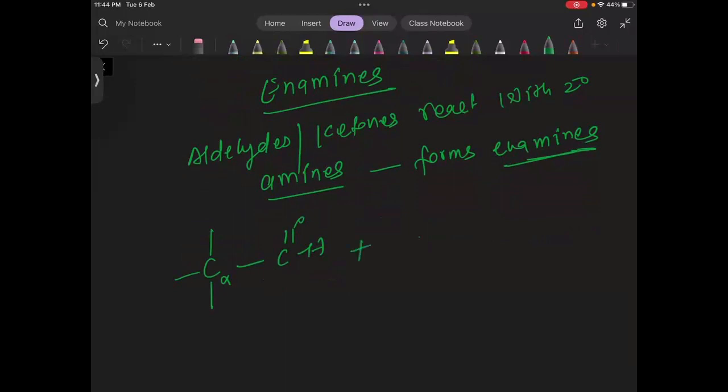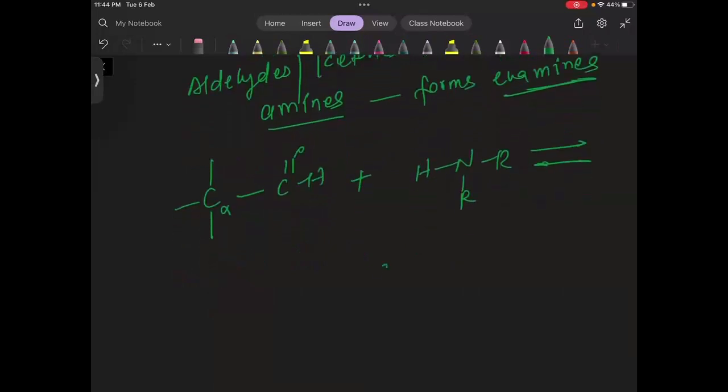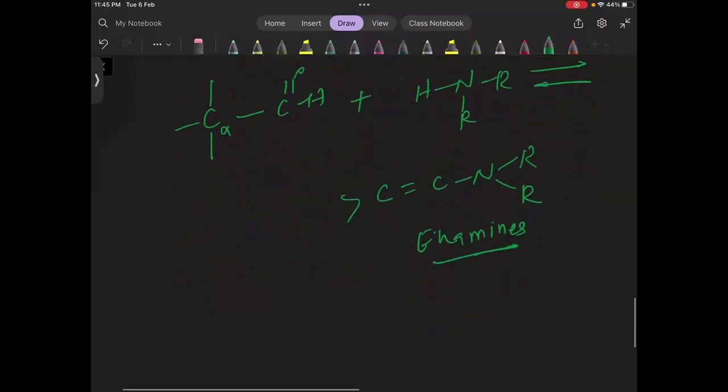When we take H, N, R and R, the compound formed is C double bond C, N, R and R. This is called an enamine.